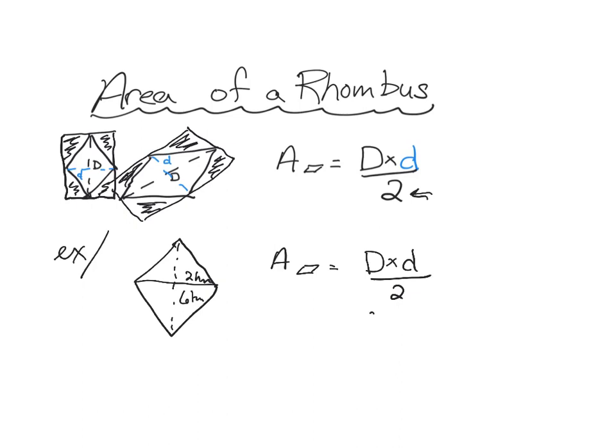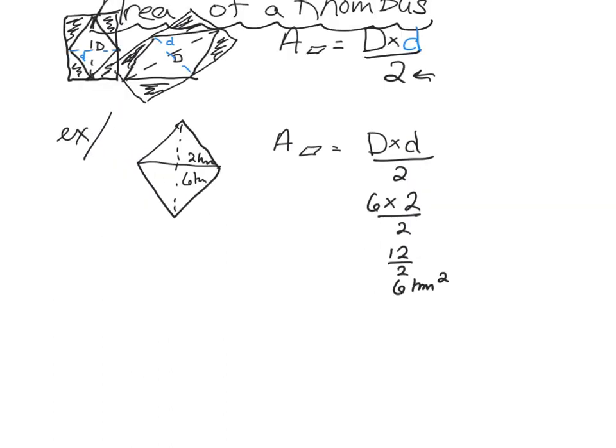So I would have 6 times 2 divided by 2, 12 divided by 2, and that would be 6. And remember, your units are squared. So the area of a rhombus is the harder one.